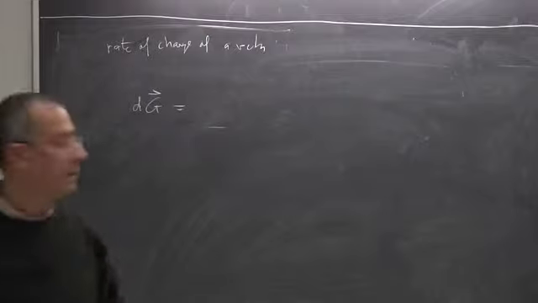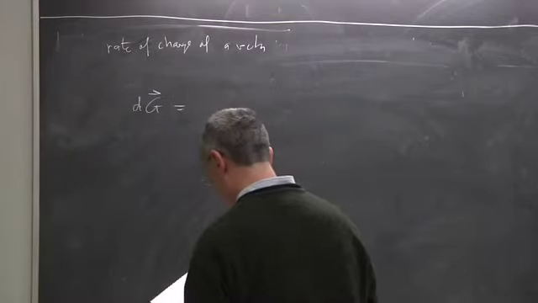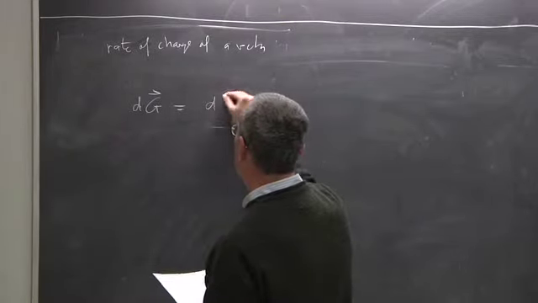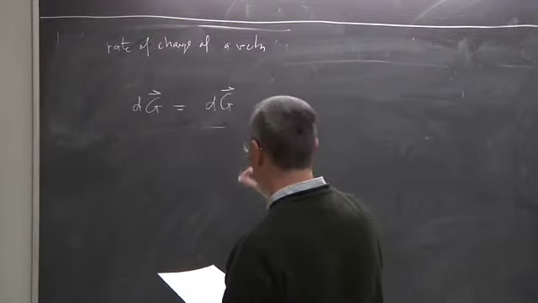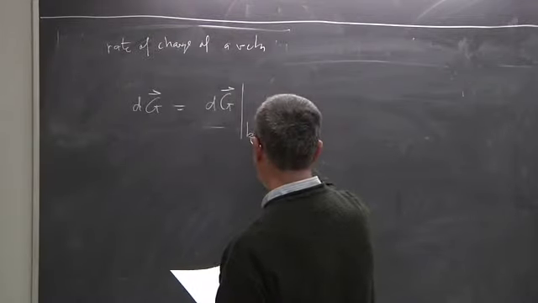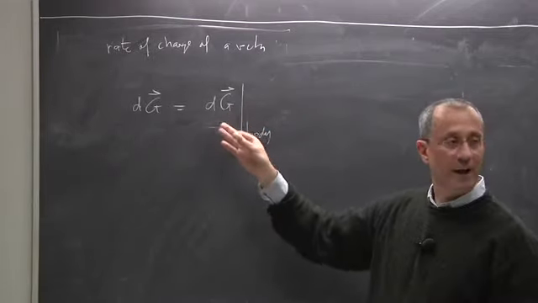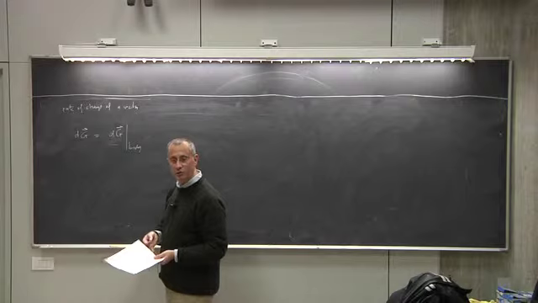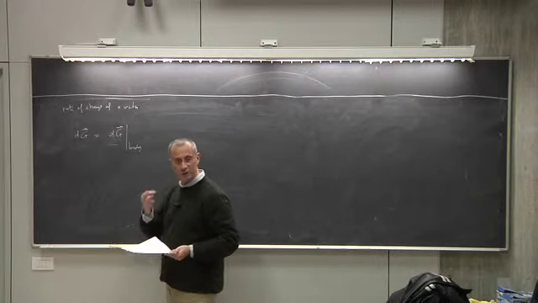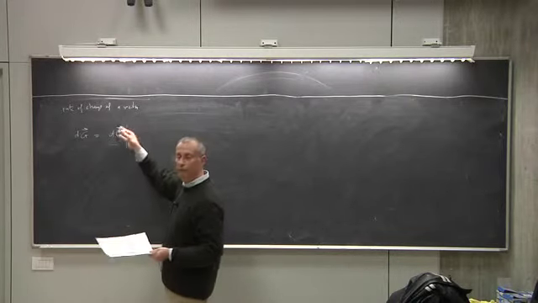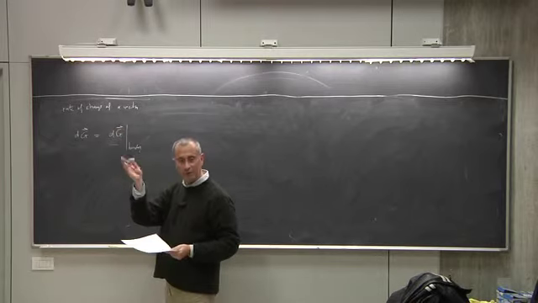And therefore, by what I said, this is going to be made of two parts. One is simply the change of this vector as I measure it on the body that is rotating. So this is due to some force, something that is changing my vectors.